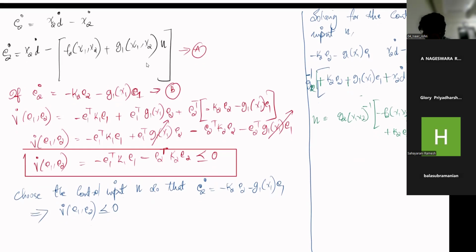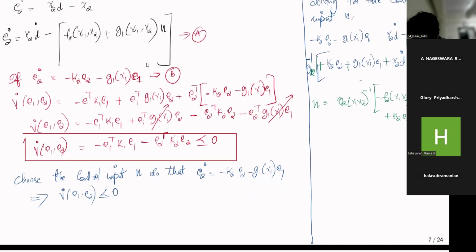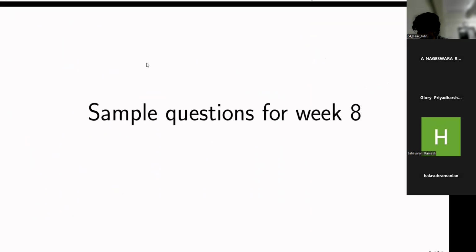But there are two layers into it. First, ensure the stability of the first subsystem, decide what control input the first subsystem needs, and use the second subsystem to supply that control input. So yeah, that's about cascaded systems, cascaded control.